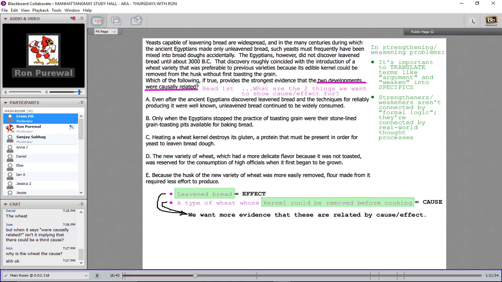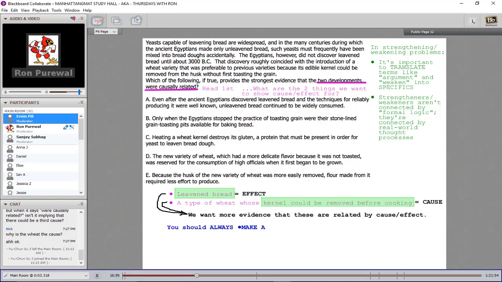Okay, so what you should do for all of these problems, for every strengthening, weakening question, before you go to the answer choices, you should always make a specific standard for a correct answer before looking at the choices. You should always do that.